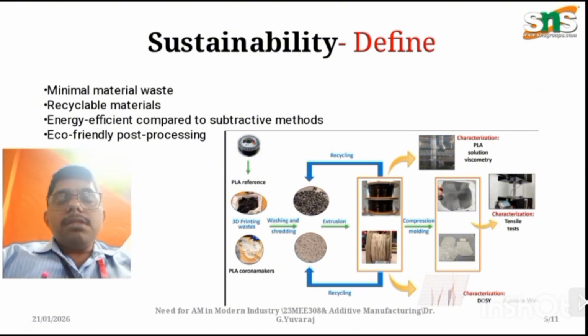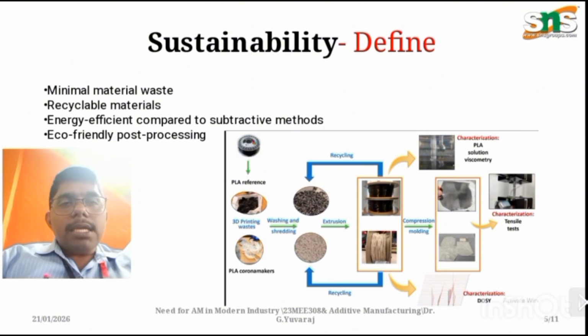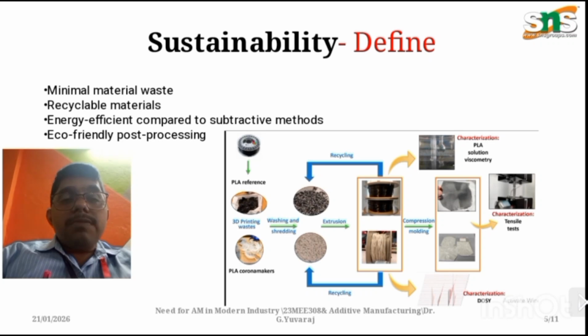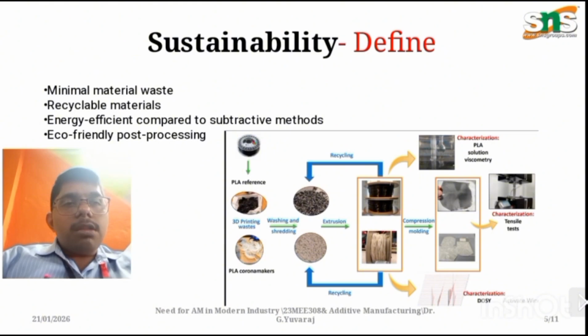A good example of subtractive methods is any kind of milling operation, shaping or planing. But in additive manufacturing, we are using materials which can be recyclable and reused for manufacturing.